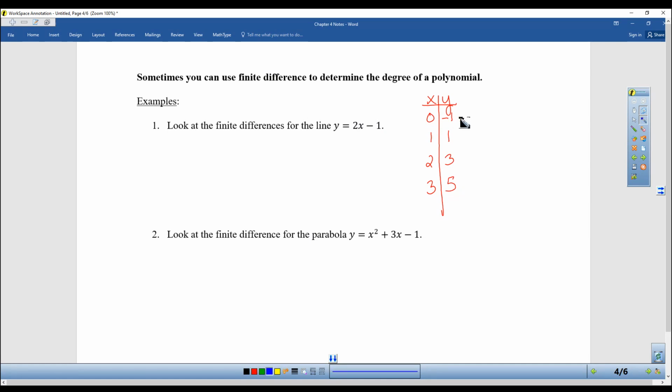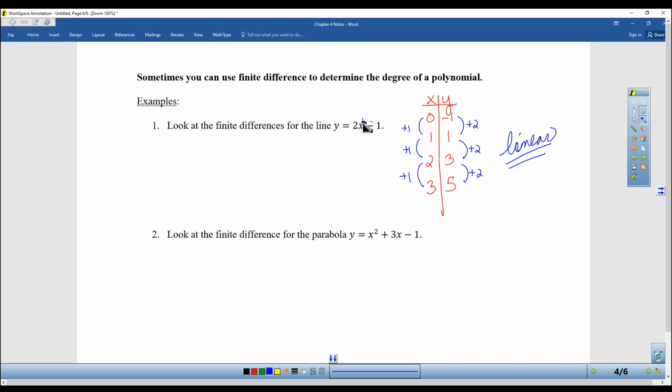If you look at these, this goes up by 2 every single time the x goes up by 1. That's a way that you can know that the function is linear.